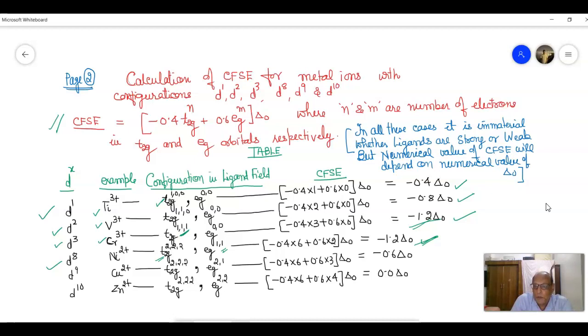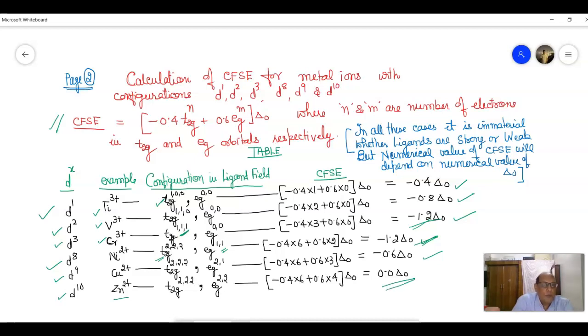Mind it, for d3 and d8, we are having the same CFSE formula. Numerically, they are going to be different because it all depends upon delta O as well as the nature of the metal ion. Similarly, for d9, where the example is cupric ion, configuration becomes t2g2,2,2 eg2,1, CFSE comes out to be minus 0.6 delta O. And for d10, zinc ion, where all the orbitals will be occupied completely, CFSE comes out to be 0.